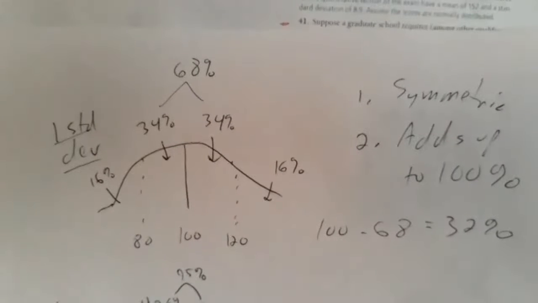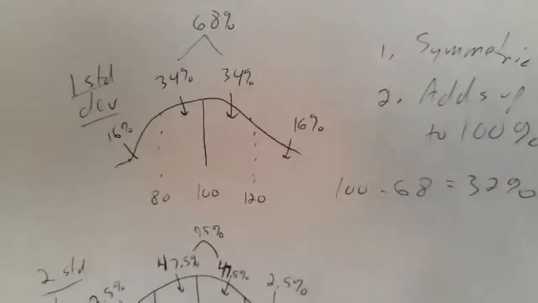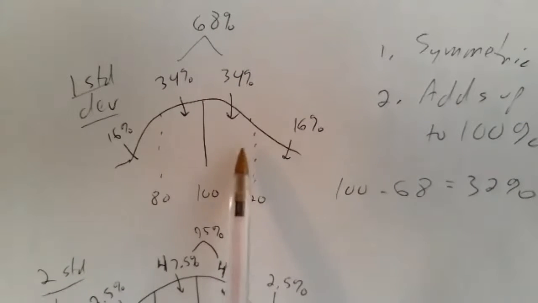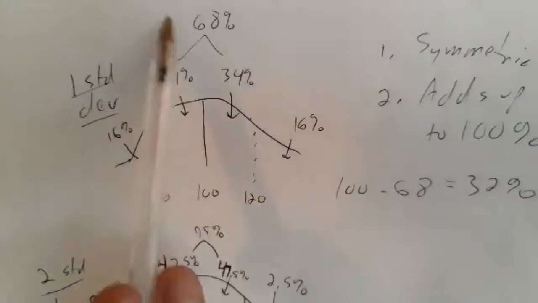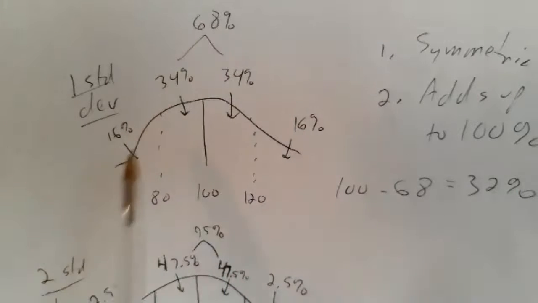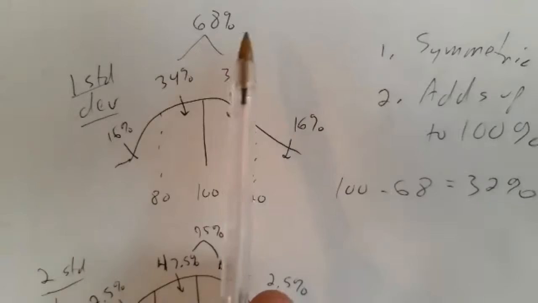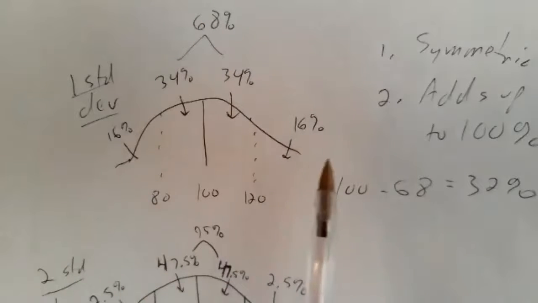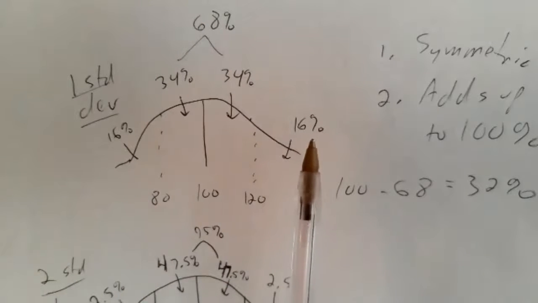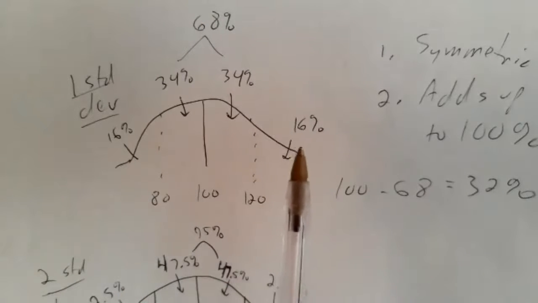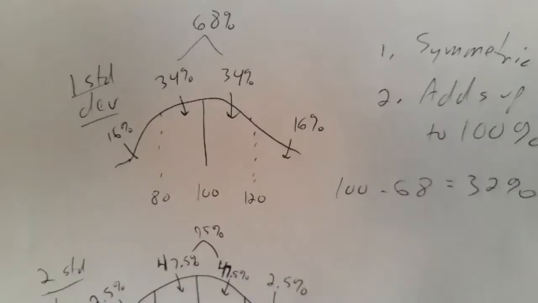And the same thing, we're looking at greater than 80. If we're looking at less than 120, it's going to be 68 and 16. If we're looking at greater than 80, you might notice that's also going to be 68 and another 16. That should give you the same solution of 84%.